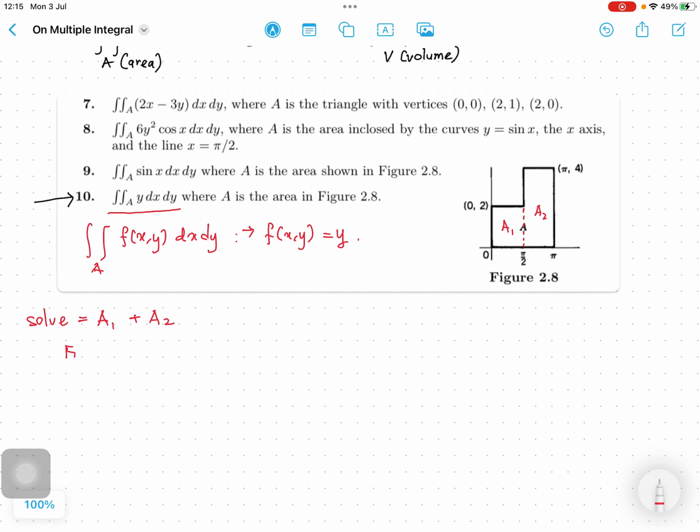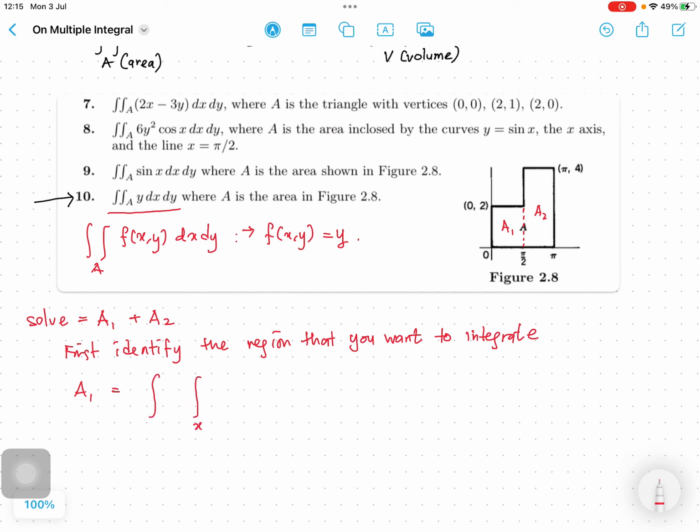Okay, solve. So what do we do? First, identify the region that you want to integrate. Let's say we try to solve for A1.